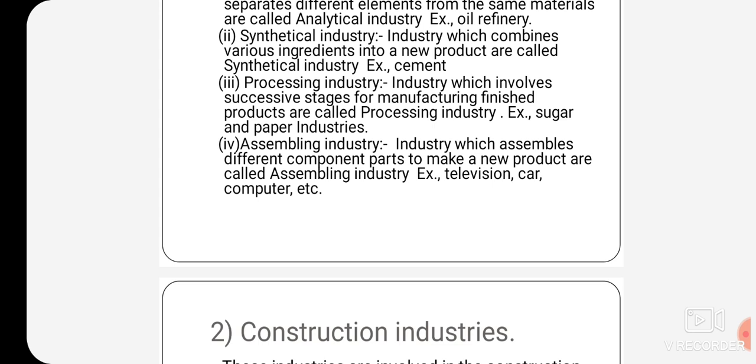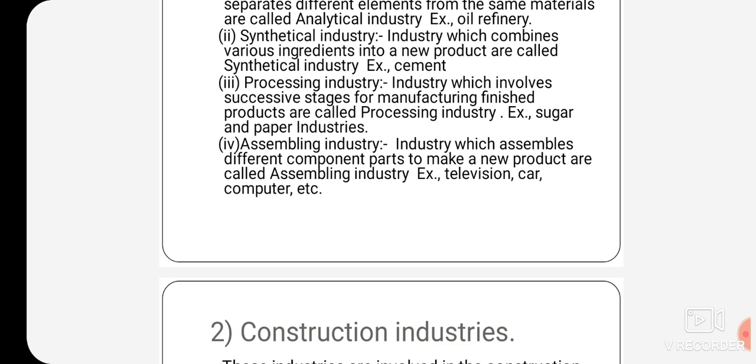The raw material of this is sugar cane. So sugar cane is going to be converted into final product. So what is the semi finished product of the sugar cane? That is sugar juice. So this is a semi finished product. So what is the finished product? Finished product is sugar or jaggery.